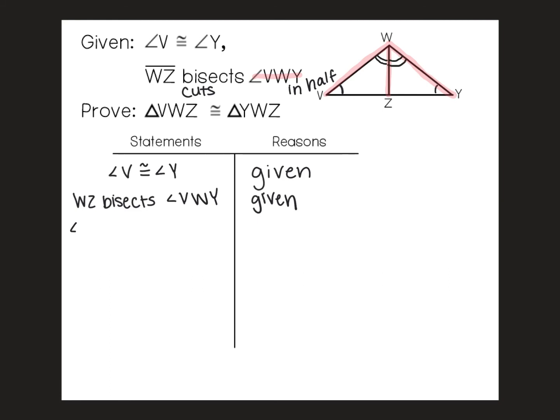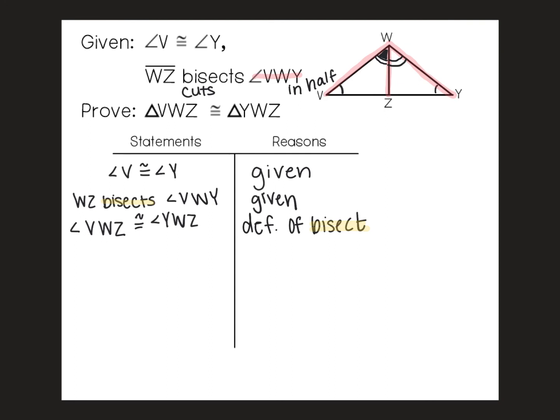So angle VWZ, that's this angle on the left, is congruent to angle YWZ, which is the angle on the right. And that we know because it's the definition of bisect. So again, notice that in our proof, if we have a vocab word, pretty much right after, the reason's going to be definition of that word.